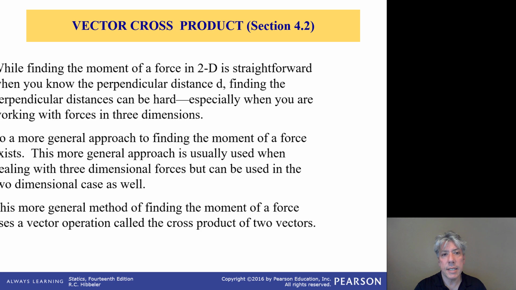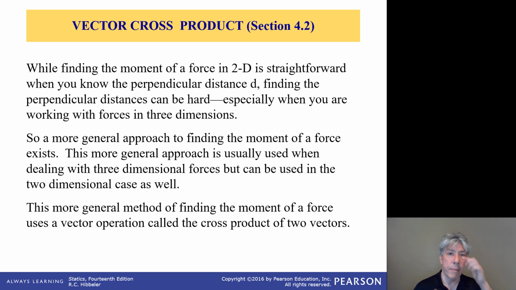Now, that's nice, but it turns out there's a mathematical tool, the vector cross product, which will do all this for you. I pointed out that in some cases it can be a pain to find the distances. What do you do if you have some totally arbitrary distance in some weird direction, and you have a force in some odd direction? How do you calculate it?